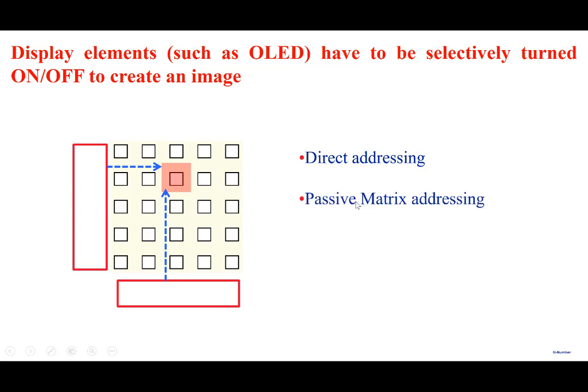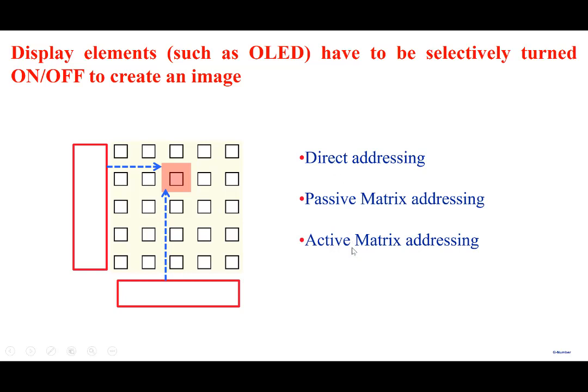Another one of them is called passive matrix addressing, and the third one of them is called active matrix addressing here. So when you have an active matrix array of OLEDs, we get a display called active matrix OLED display, or AM OLED display, that you would have heard of. Many of the modern mobile phones come with an AM OLED screen, right? So those are active matrix OLED displays here.